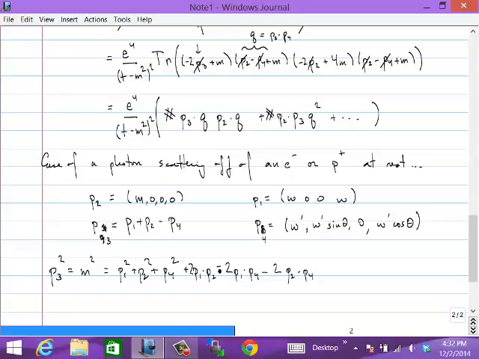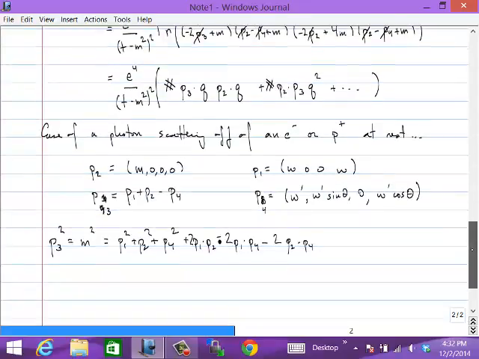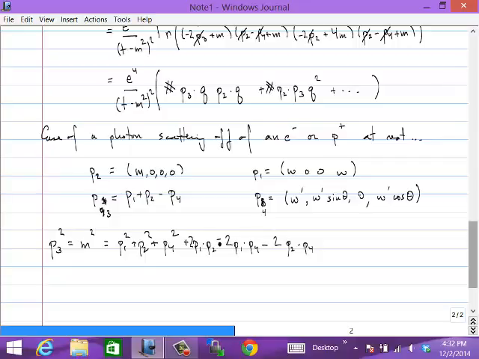Well, P1 squared is equal to 0, P4 squared is equal to 0, P2 squared is equal to m squared. So that tells you that the other three terms, all of those dot products, so that's P1 dot P4 plus P2 dot P4 minus P1 dot P2, those all have to sum to 0.